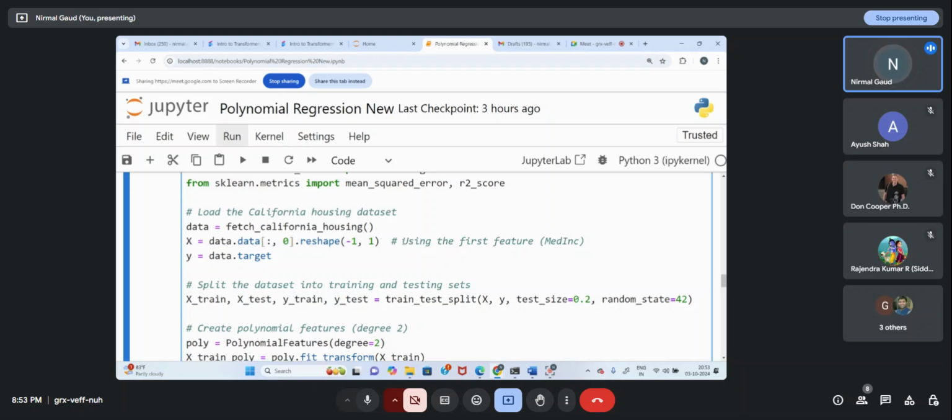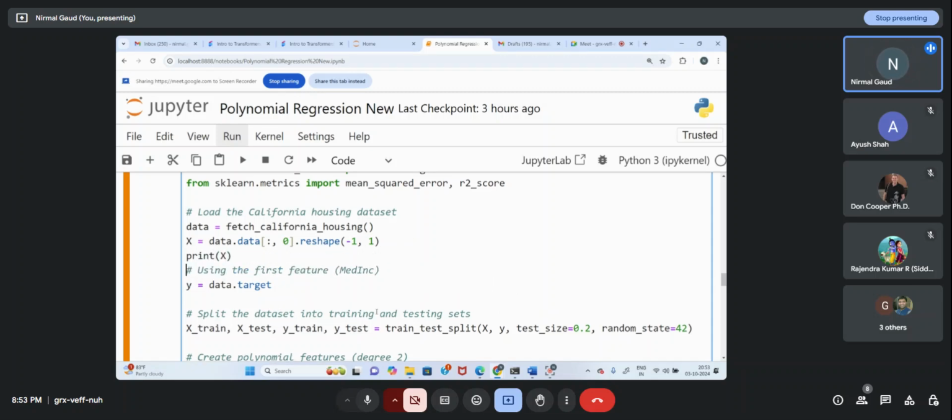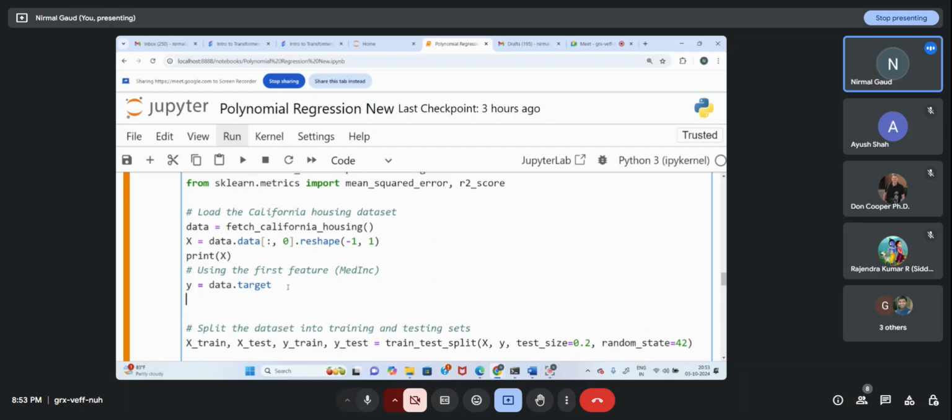If you want, I can print capital X, and I can print the Y also. So colon comma 0 means column number 1. Colon means all the rows present in column number 1. So just take only one feature.